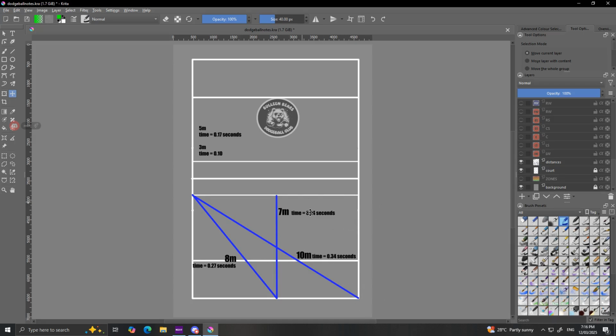And what we can see here is the reaction times for the ball to travel that distance at a speed of 105 kilometers an hour, which is basically the speeds that the best throwers in international tournaments will be throwing.